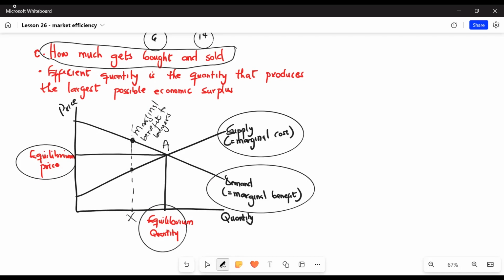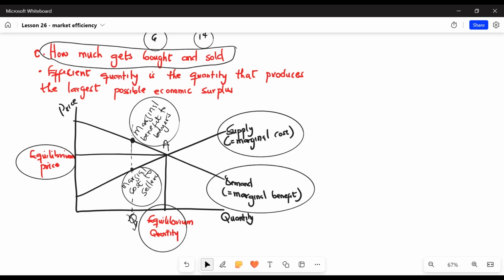And at the same quantity, the supply curve here shows the marginal cost to sellers. So we can see that if there's any quantity, assuming Q1, below the equilibrium quantity, the marginal benefit to buyers will be more than the marginal cost to sellers.